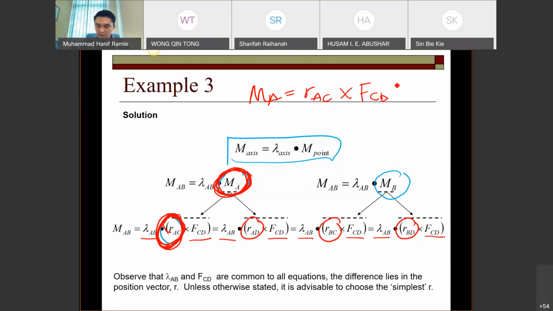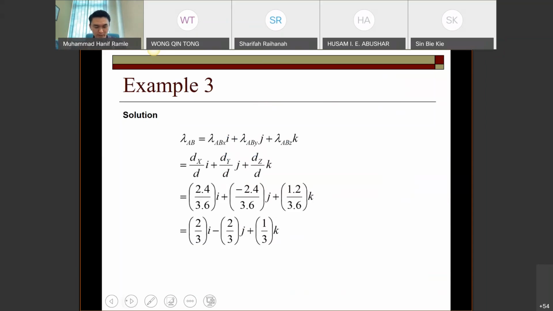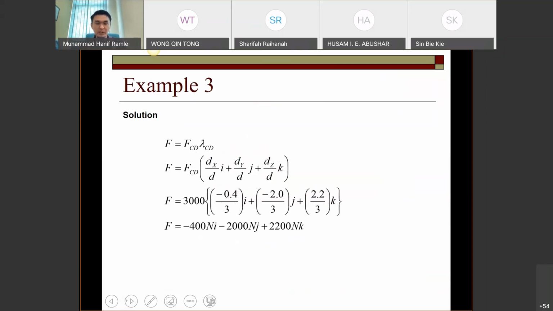So FCD, you have to convert into IJK form, as shown in the previous example 1. We just proceed with the solution there. So this is the FCD. Using the coordinate system, you find dx, dy, dz, and d, and then substitute all that information into the equation. Then you will get FCD.